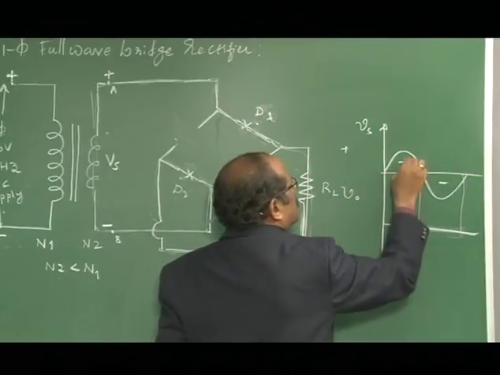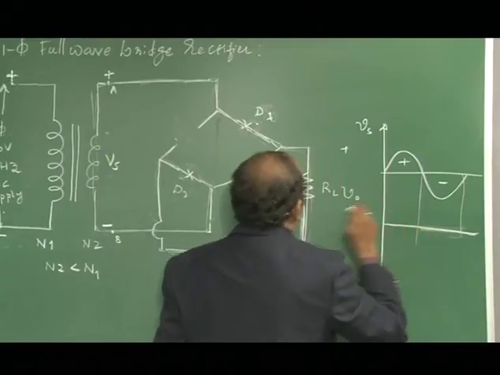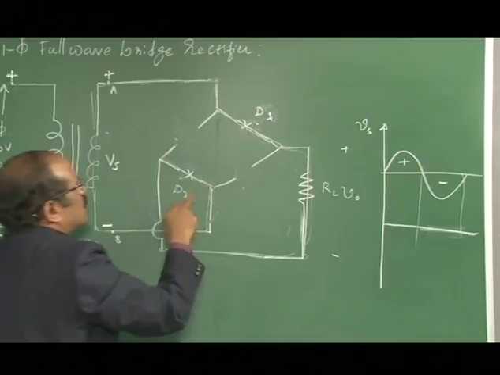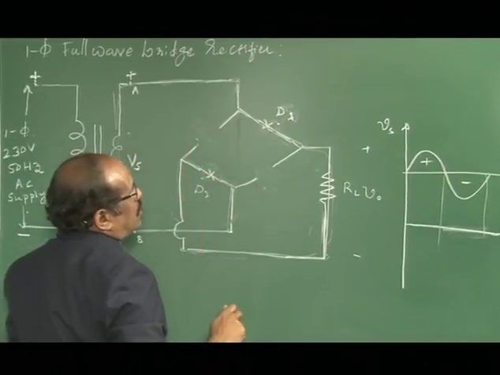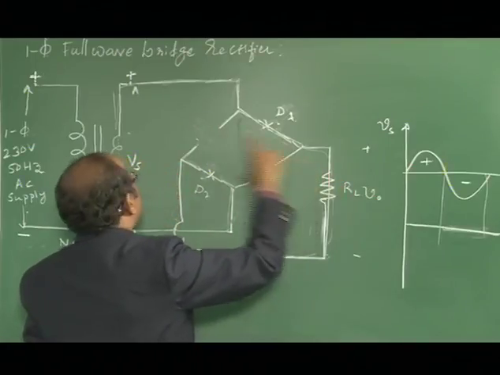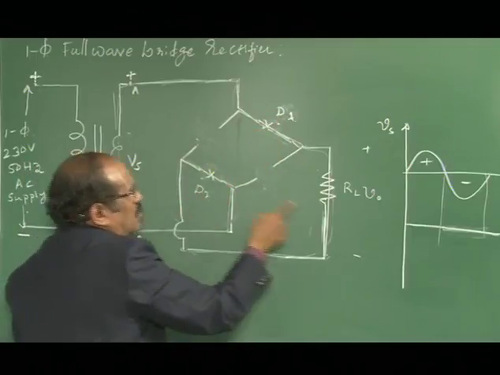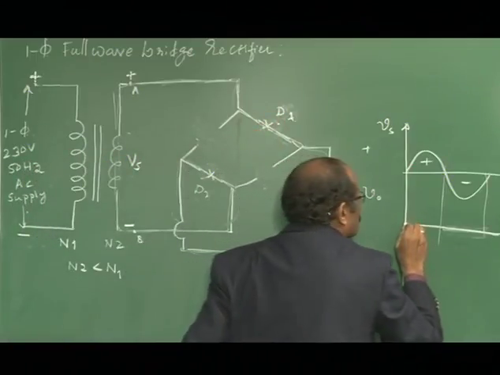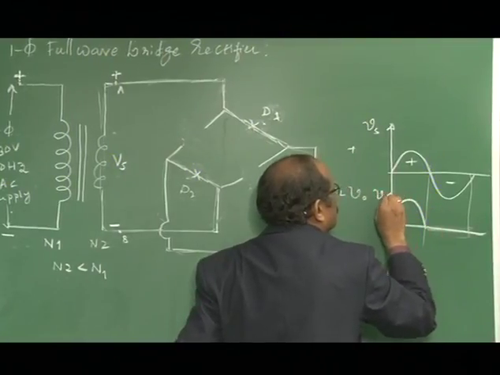During the positive cycle, diodes D1 and D2 will conduct, whereas diodes D3 and D4 will be reverse biased and do not conduct. Therefore, the load terminals are connected to the source terminals through the conducting diodes D1 and D2, so the output follows the input.